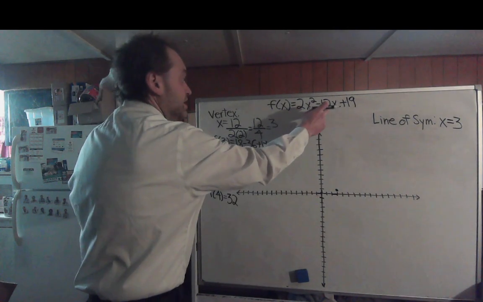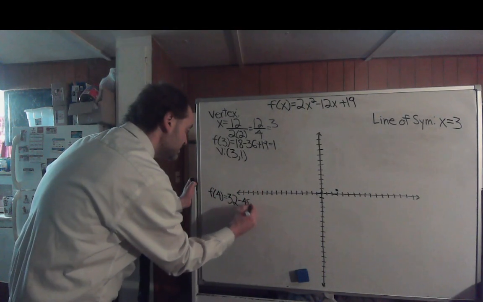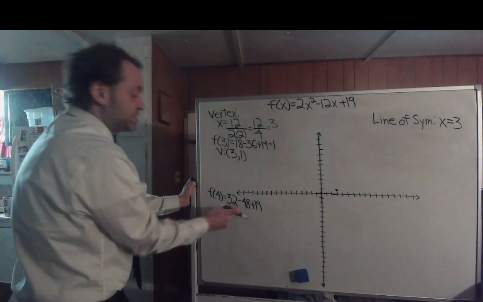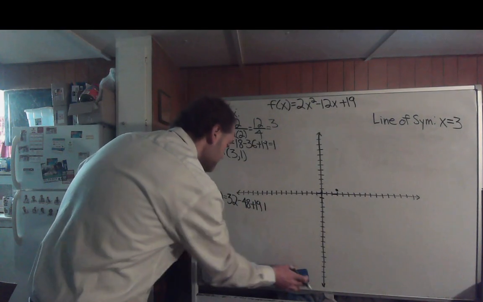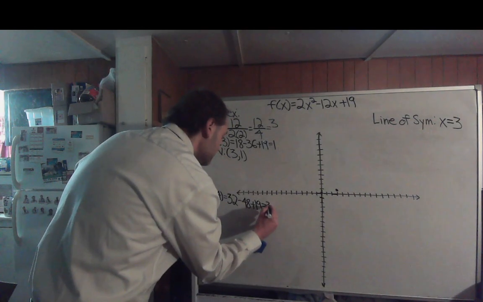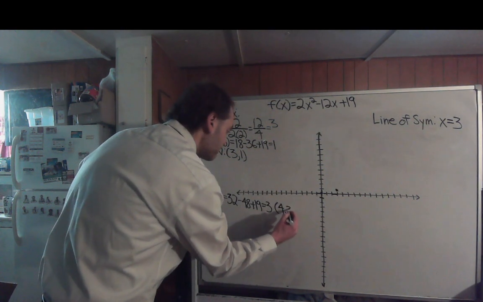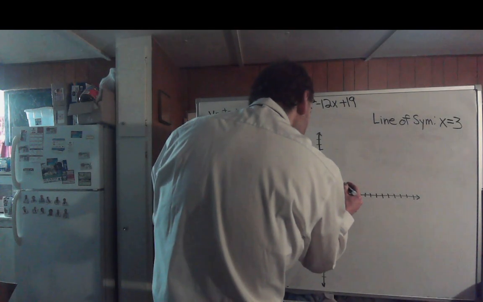Minus, let's see, 12 times 4 is 48, so that'd be minus 48. Then all that plus 19. 32 minus 48 is negative 16, plus 19 is 3. So I end up getting the point 4, 3.